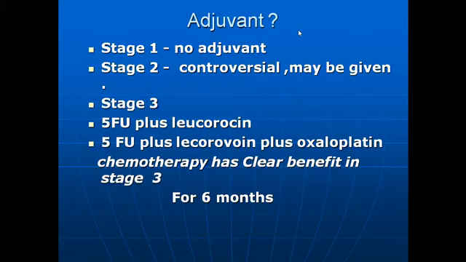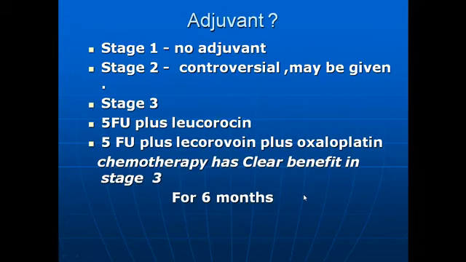In stage 1, if you operate, there is no need of any adjuvant therapy. In stage 2, it is controversial, it may or may not be given. But in stage 3, definitely you have to give adjuvant chemotherapy as a combination of 5-fluorouracil, leucovorin, and oxaliplatin. This is recommended for 6 months. So these things you have to remember.